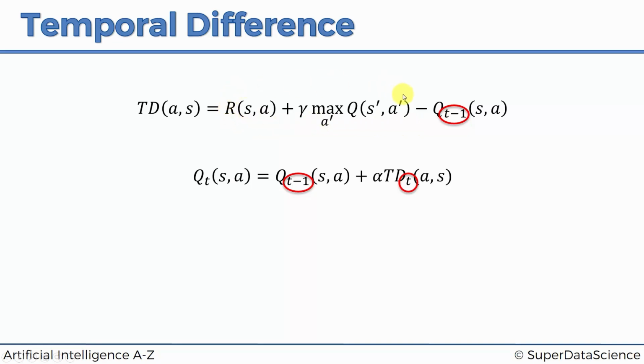And based on that, he can calculate, okay, what should have been the Q value of that move that I made? That is this part of the equation. Subtract the old Q value, and that gets you the temporal difference. And now you take alpha times the temporal difference. That's how you're going to adjust your Q value.